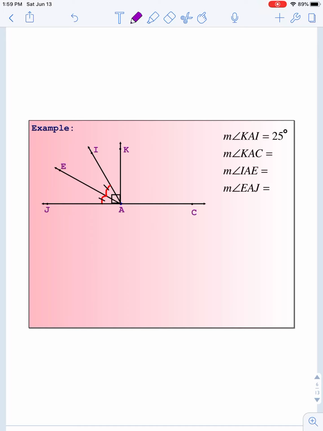So now let's use some of the information we just went over to solve some problems and find some angle measures. All right, so again, notice this marking right here, 90 degrees. So that means if both of these are making a straight angle right here of 180, then the other half also has to be 90. So let's look at what else they gave us.